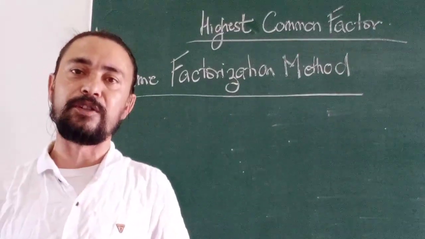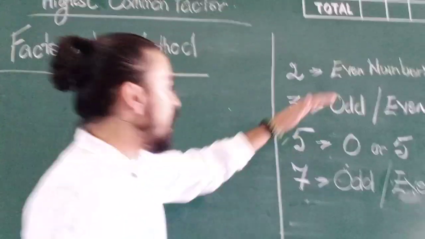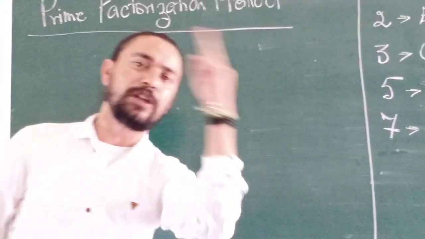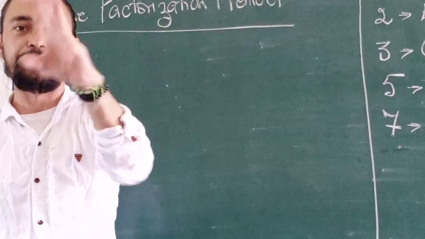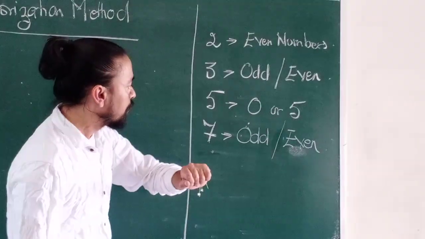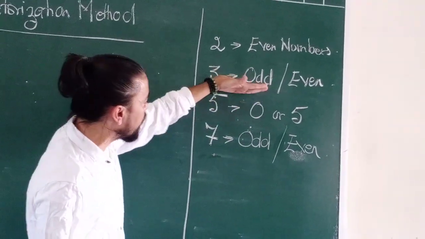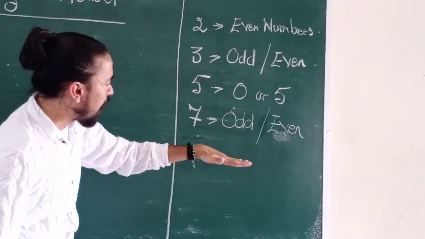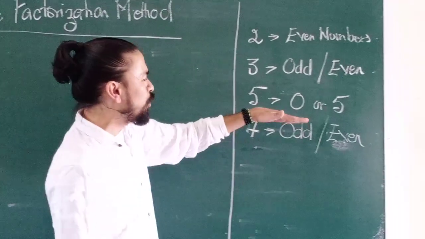So till 7 you should be clear with your tests of divisibility of prime numbers. Any even number that I get will be divisible by 2 or 3 or 7 in prime factorization. When I look at odd numbers, it is only for 3, 5 and 7. Now why do I say 5?